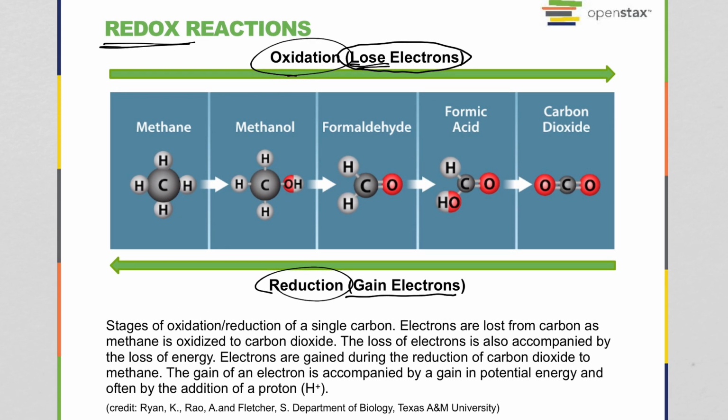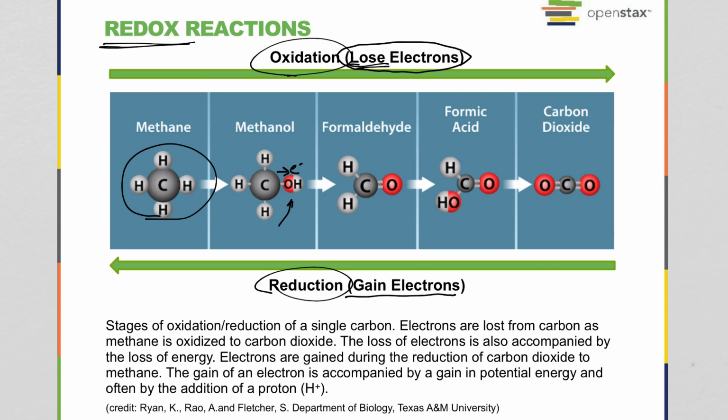And so in this example, they're showing you oxidation of methane, and the thing that's happening here is, remember, oxygen atoms are very electronegative, and so in methane, carbon gets to keep its electrons for the most part, because its electronegativity is similar to hydrogen. Remember, in chemistry, electronegativity just means how attracted something is to electrons. So carbon and hydrogen are sharing their electrons pretty evenly. As you start adding oxygens, those oxygens pull the electrons away from carbon, right?